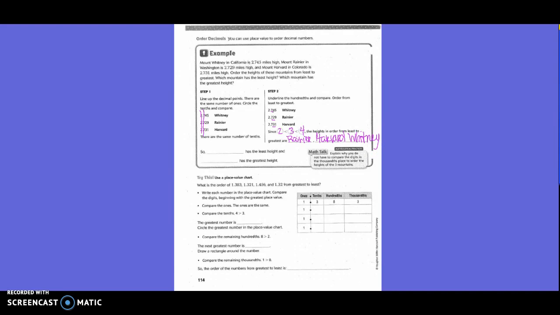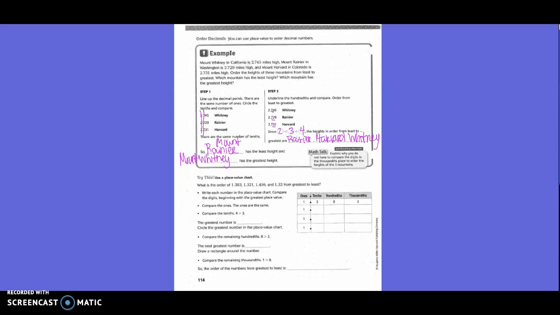Which one has the least height? Rainier has the least height, and what has the greatest height? Whitney. And technically we should be saying mount, right? So can we just put MT for mount? That would be okay. Has the greatest height.